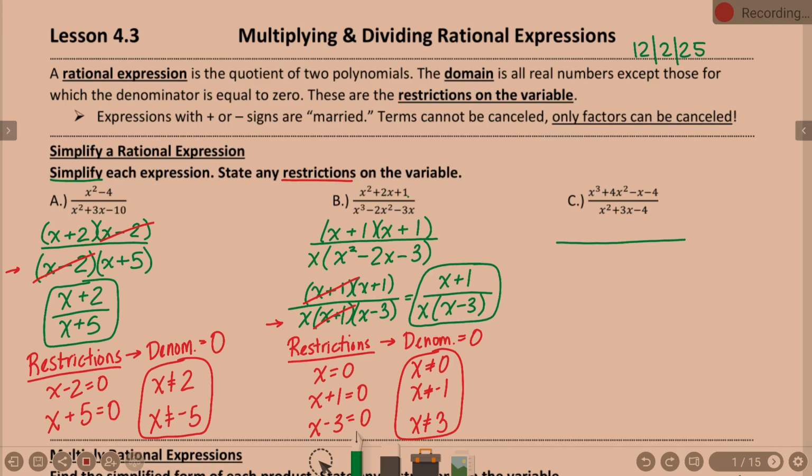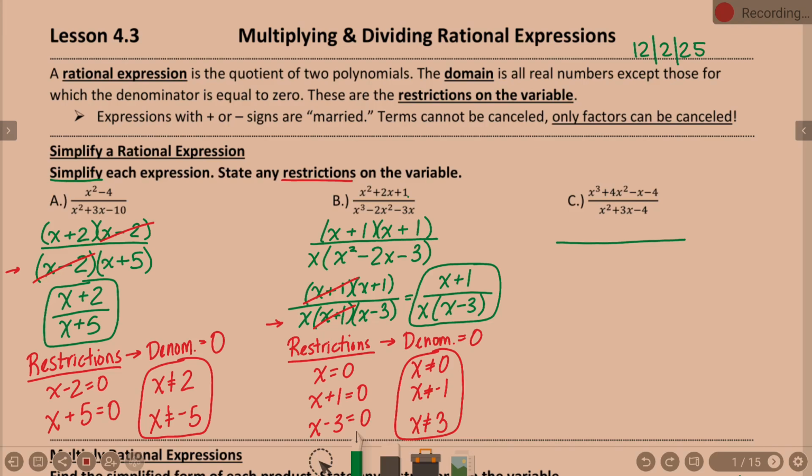Or do you guys have any ideas on the numerator? There's 4 terms. Is there a GCF in all 4 terms? No, there's no GCF in all 4 terms. Do you remember a factoring skill to use when there are 4 terms? Okay, it's what I call factoring by grouping.